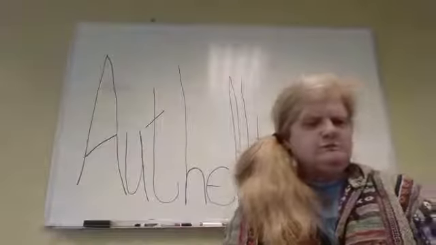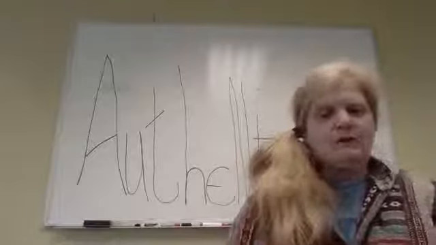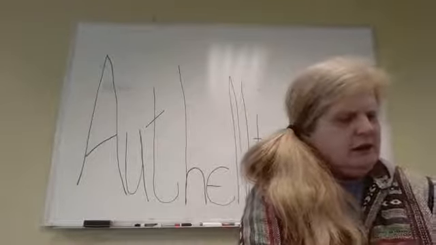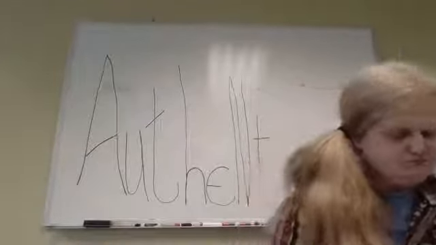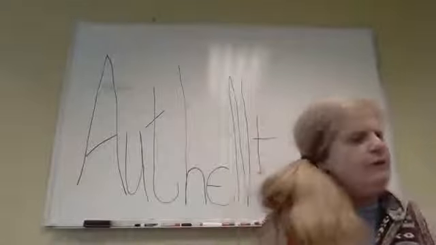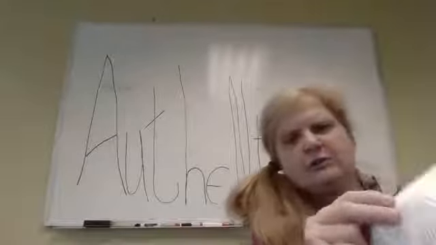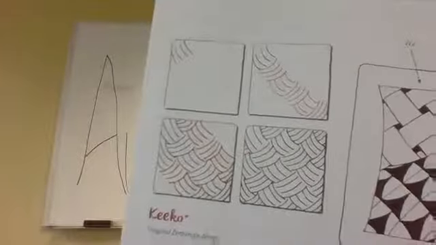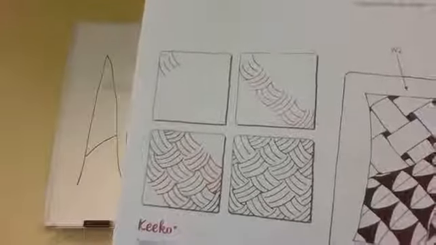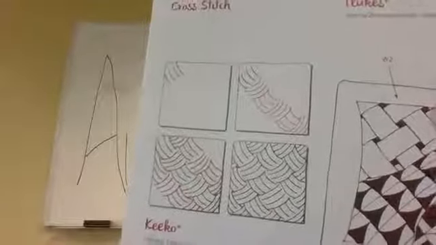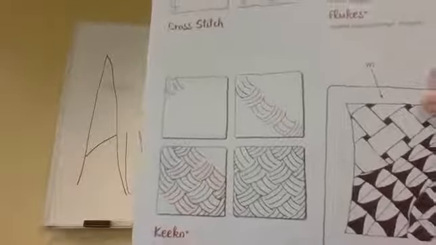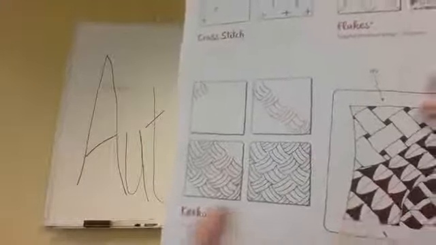So what I'm going to do now is we're going to go over different doodles, and the first doodle I'm going to show you is called Kieko, and it's right here. And for Kieko, you use three lines, vertical and horizontal, with a slight arc on them, and it makes this pattern that you see here.